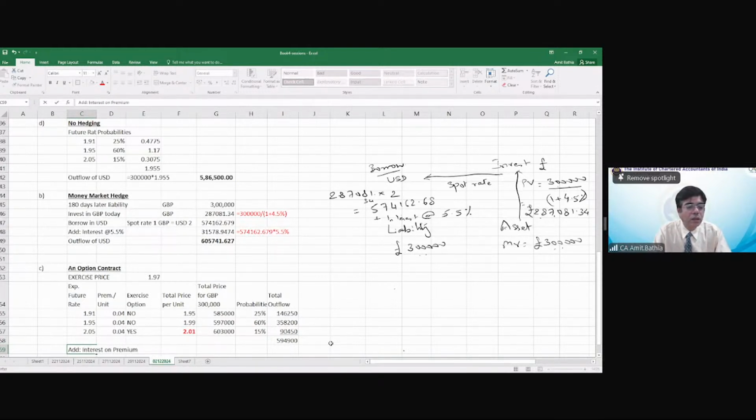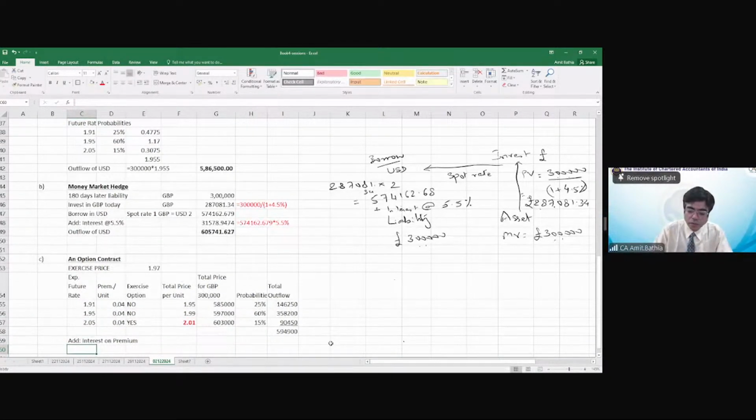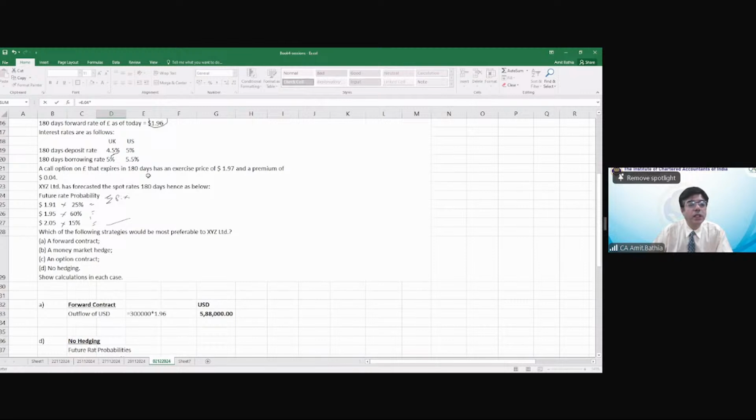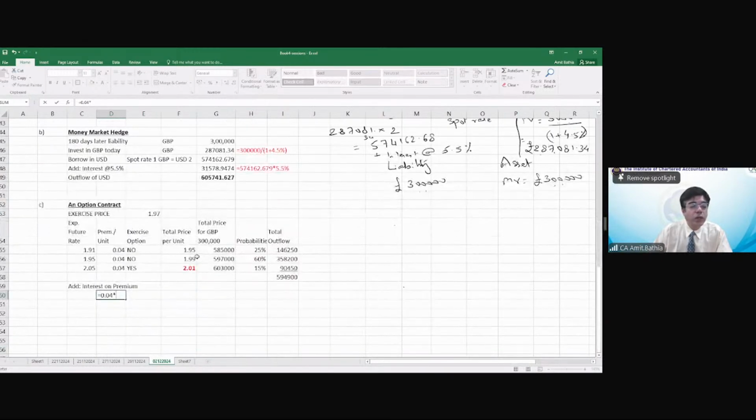How much is your premium amount? 0.04. Is that per pound or per dollar? Look at the question. We have a call option on pound that expires in 180 days, with an exercise price of $1.97 and a premium of $0.04. This is per pound, right? So this is 0.04 into 300,000. That is my total premium.